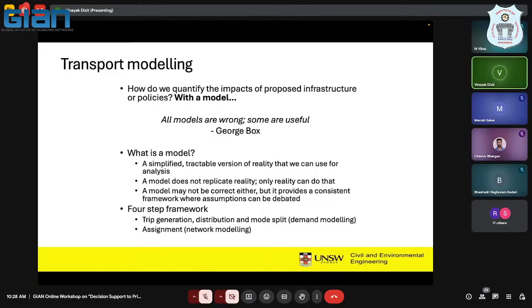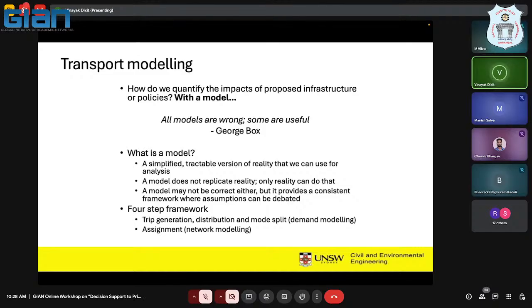But the fact that all models are wrong but some are useful brings the humility that every model has assumptions, and what we are trying to do is find a model that people are agreeable to, which can then inform the decision process, right? So that is fundamentally what we are looking at.